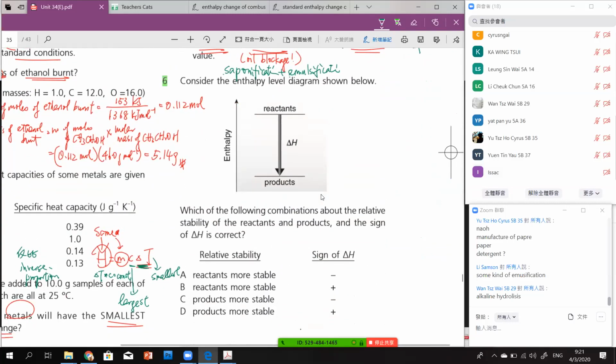Question 6. Consider the following combinations about the relative stability of reactant and product, and the sign of delta H. C is correct. No need to explain further, right? It's easy.